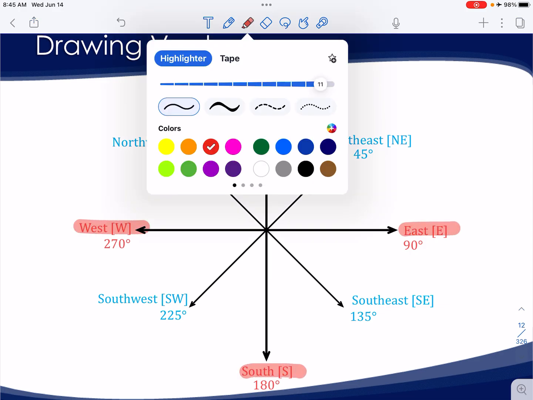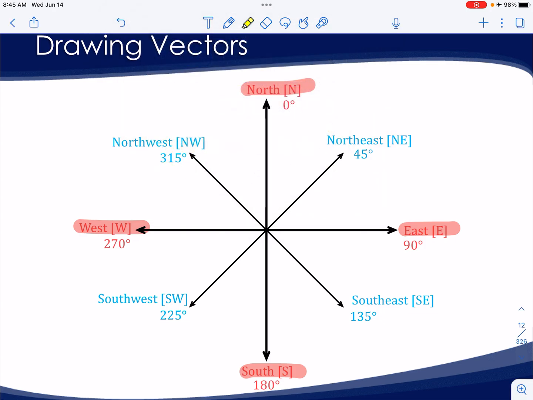You can also think of these in terms of degrees. Now, when we're in a trigonometry class, we normally think of this as 0 degrees here, and you go around like this. But in physics, we usually think of north as 0 degrees.